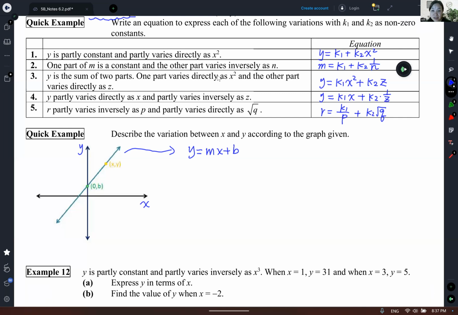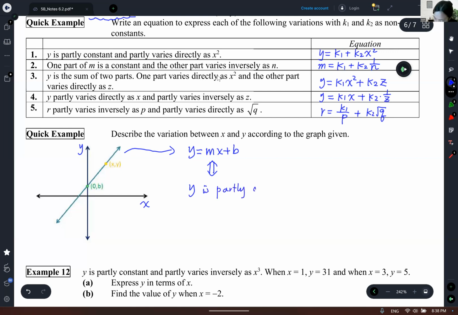So I guess it's natural to say that y is partly a constant, in this case the constant is b, and partly varies directly as X.